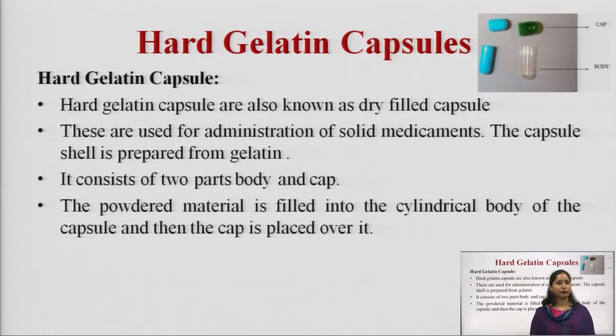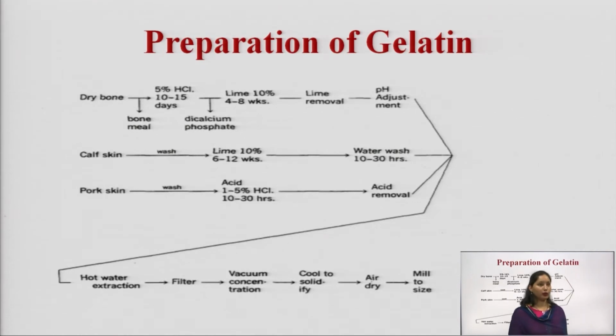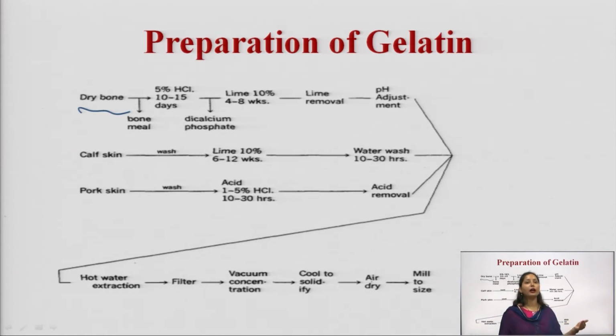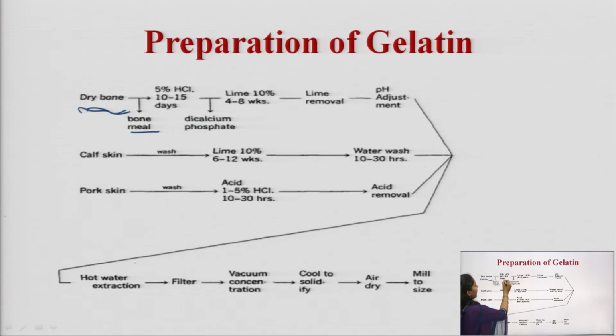Now, this is the elaborate procedure of how we extract gelatin from animal origin. First of all, we take the dry bone, and the dry bone is subjected to acid treatment. We treat the dry bone or bone meal with 5% HCl for 10 to 15 days.